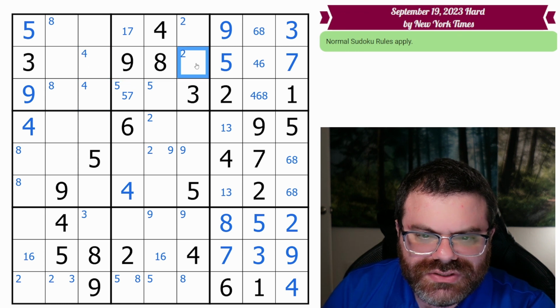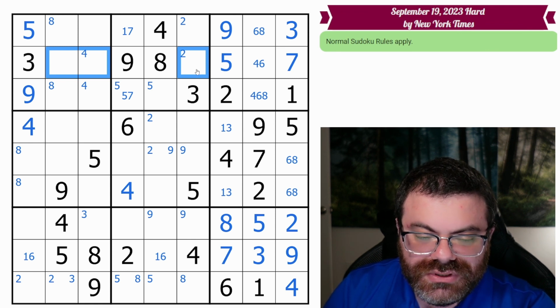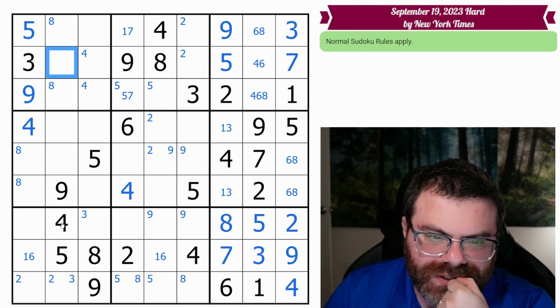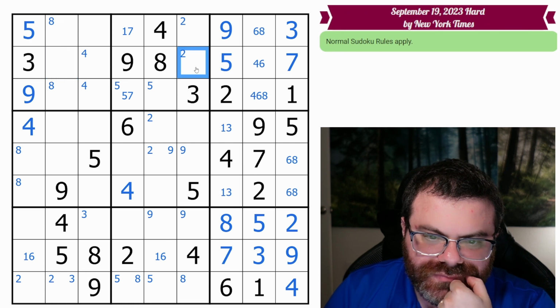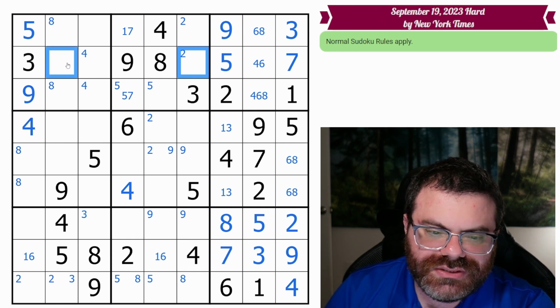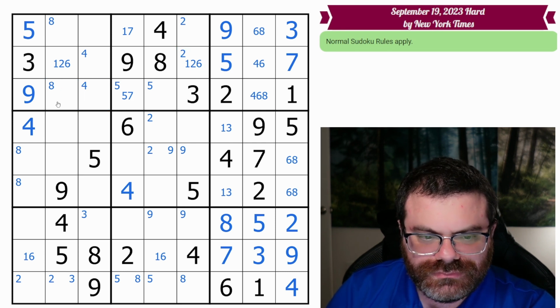So let's see. This row has 4 left, so that's a good candidate for limited cells. The 4 digits are 1, 2, 4, 6. So what we're looking for is if a cell sees a lot of 1, 2, 4, 6. This one sees the 4 only. This also sees the 4. So they're both 1, 2, 6. I guess I'll fill that. But they're not as limited as I hoped. What else can we do?